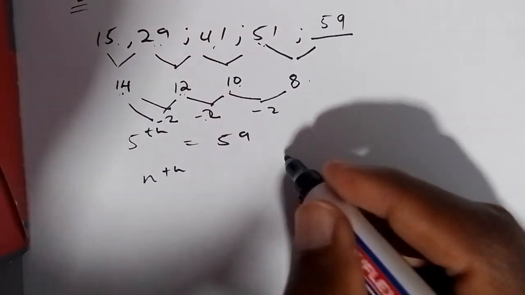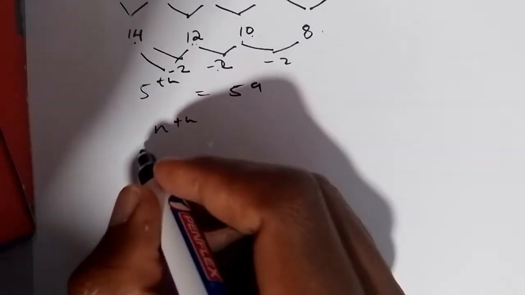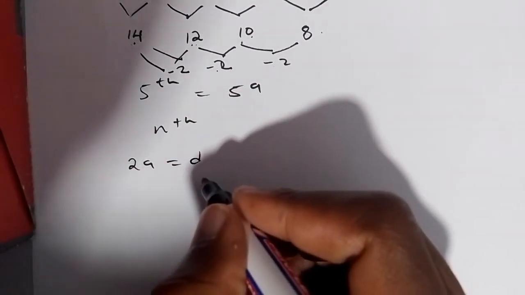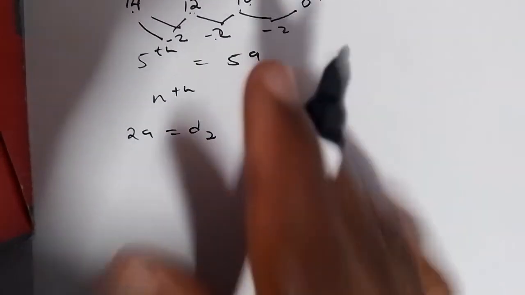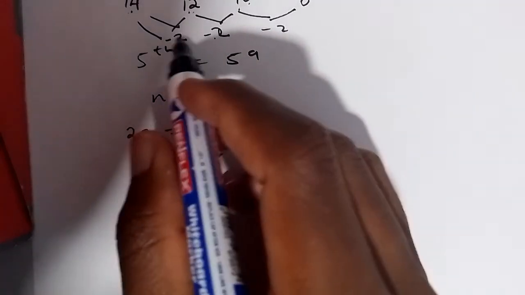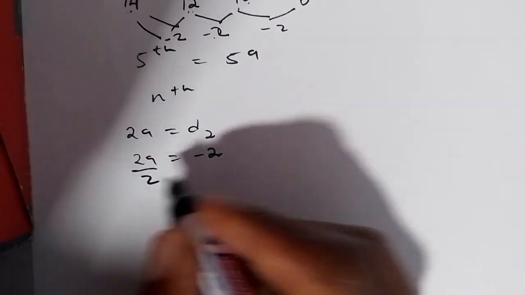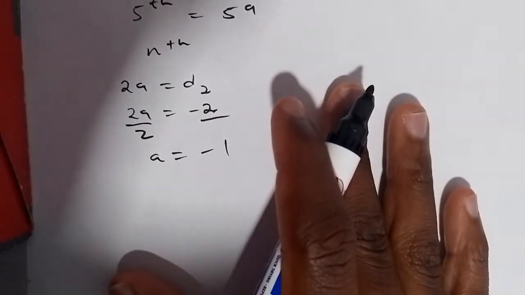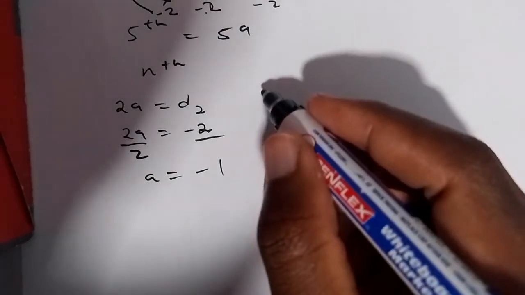So now I can say, remember, 2a is equal to d2. 2a is equal to negative 2 because the value of d here is negative 2. Then divide by 2, divide by 2, a is equal to negative 1. Now I need the value of b.